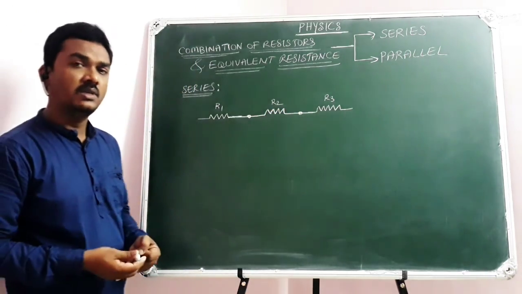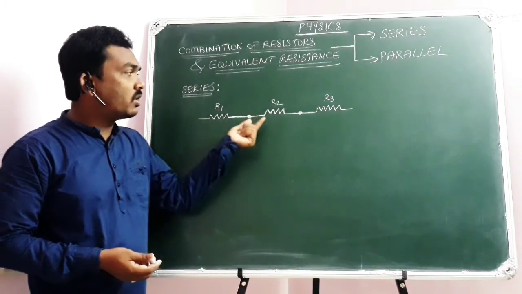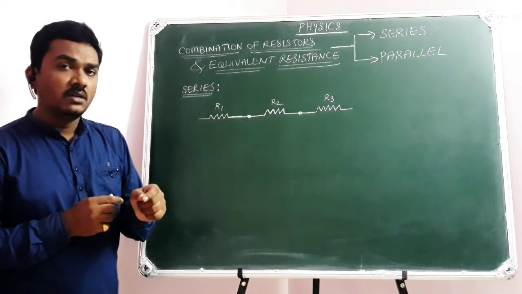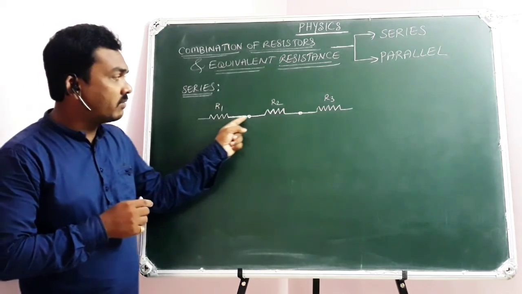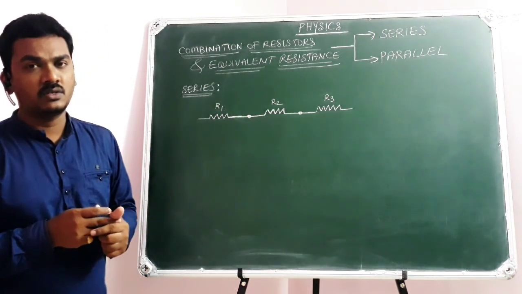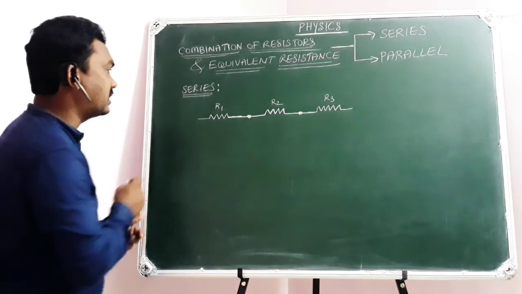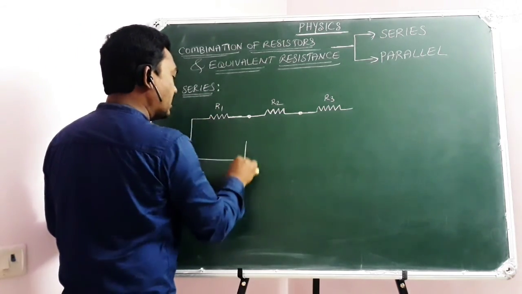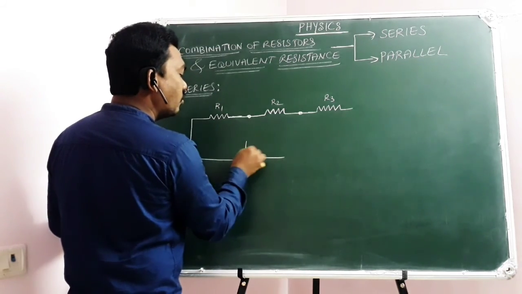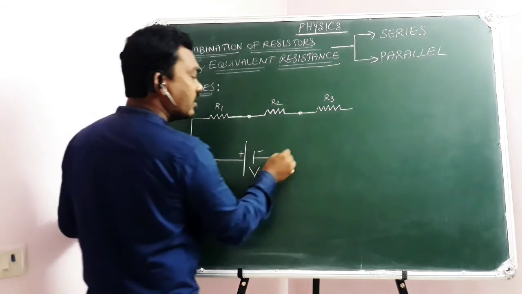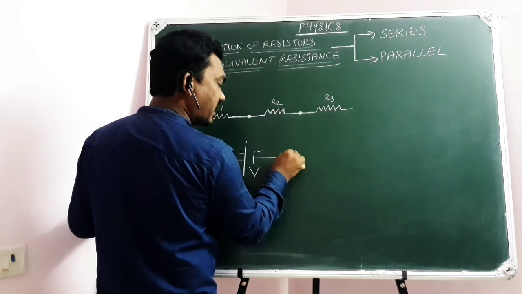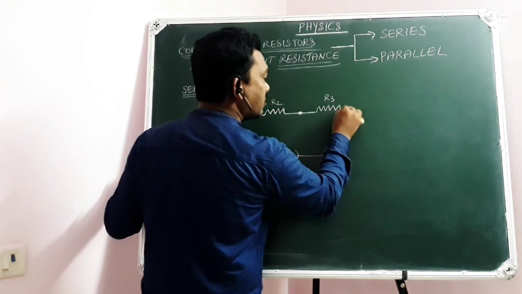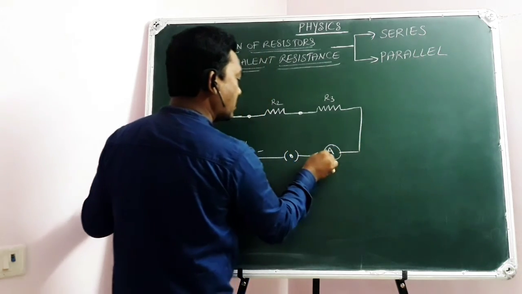So what? When two or more resistors are connected in series combination, the same current will travel through each and every resistor. Same current. For example, here there is a cell whose voltage is V, here there is a switch or plug key, and here there is an ammeter to measure the current in the electric circuit, and this is my closed electric circuit.